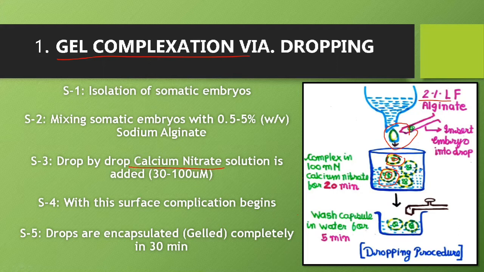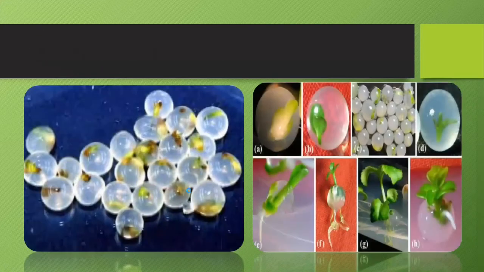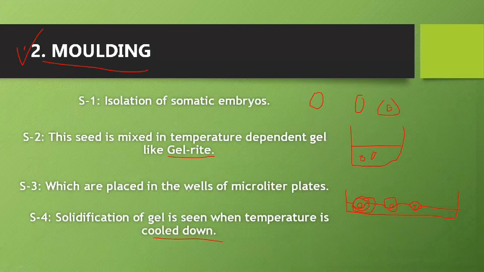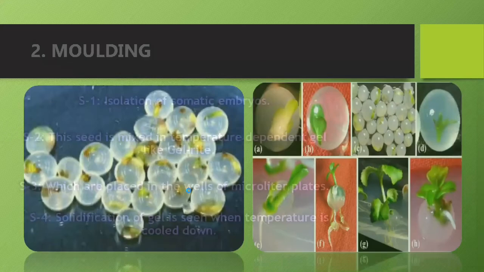Drop by drop we were adding calcium nitrate into the solution where somatic embryos and sodium alginate were present, and then complexion was seen. So these were the two methods for encapsulation of somatic embryos and converting them into artificial seeds.